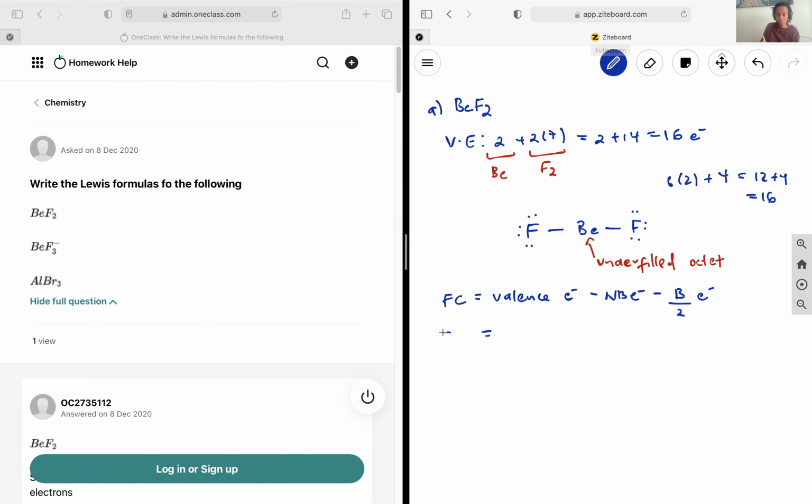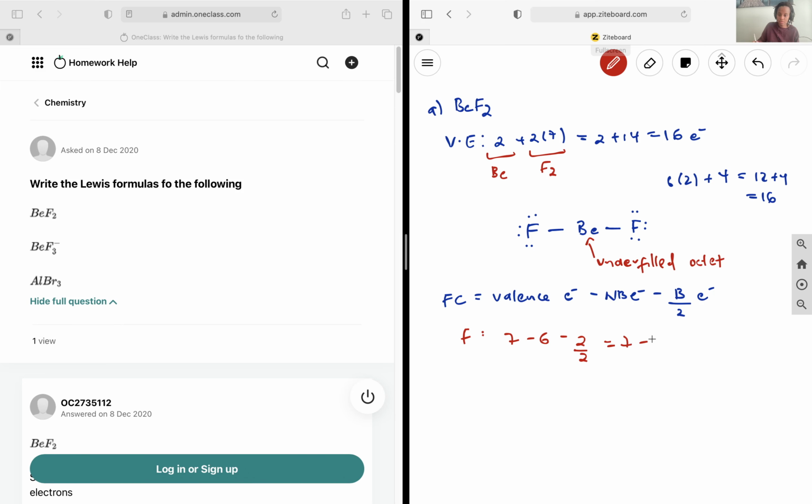So for the fluorines, we will have F, and that is going to be 7 valence electrons, minus each of them have 6 non-bonding electrons, and only 2 bonding electrons, so 2 over 2.